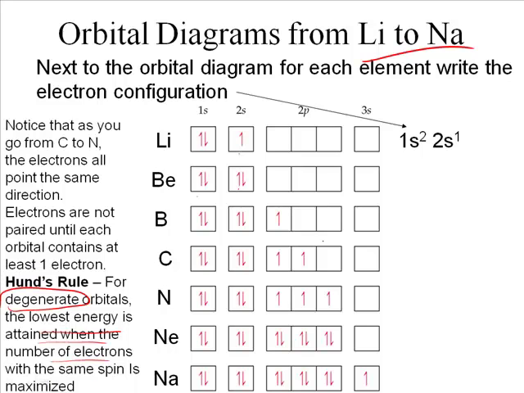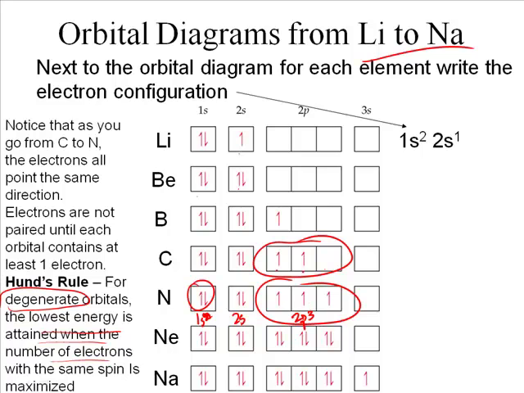So what that means is you do not make pairs until you have at least one electron in each one. For example, nitrogen is 1s2, 2s2, and this is 2p3.